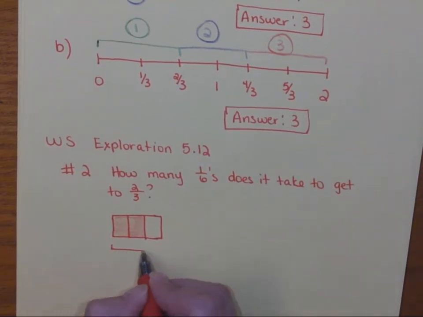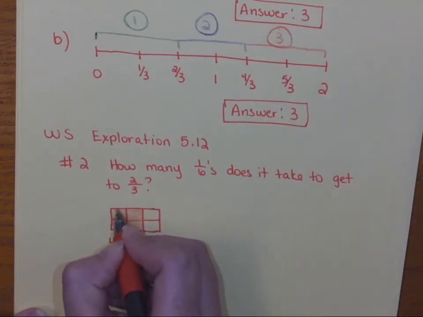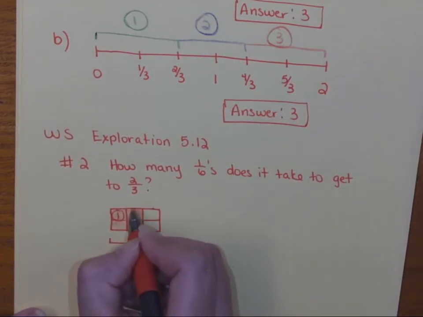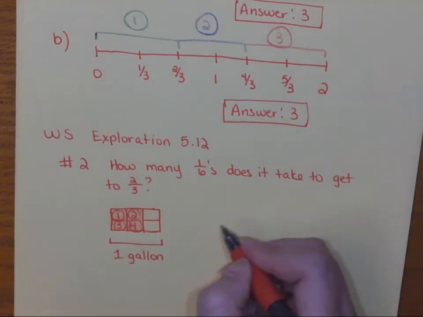By the way, this whole thing is 1 gallon of gas, but I only colored in 2 of the thirds because that's all the gas he has. So how could I split this so that I would be talking about 1/6? Notice if I do this, now each square or rectangle represents 1/6, and then I can just count how many times it took me to reach the whole level of gas, right? So 1, 2, 3, 4. Okay, so the answer is literally 4.